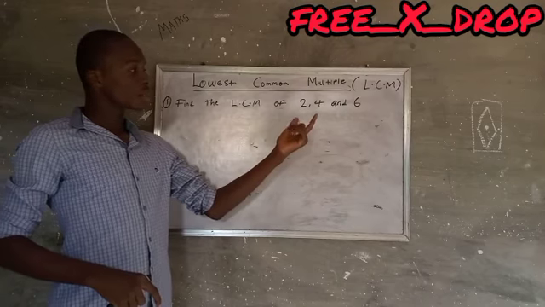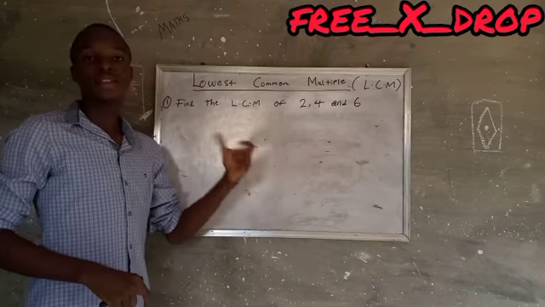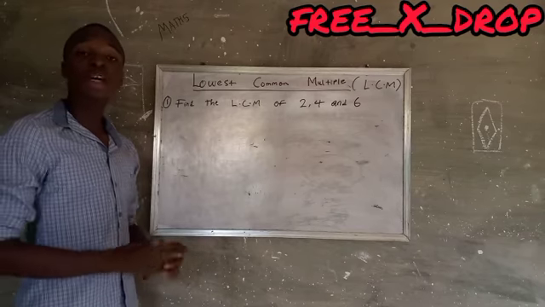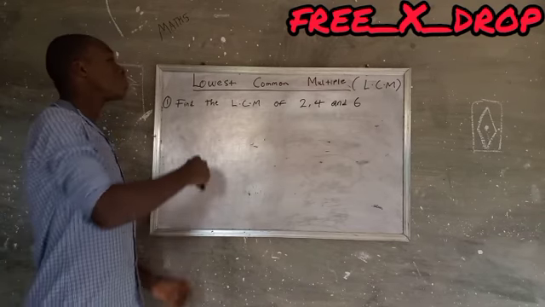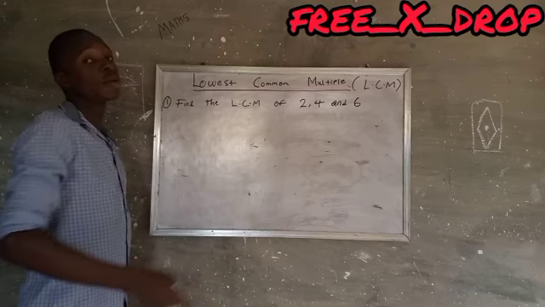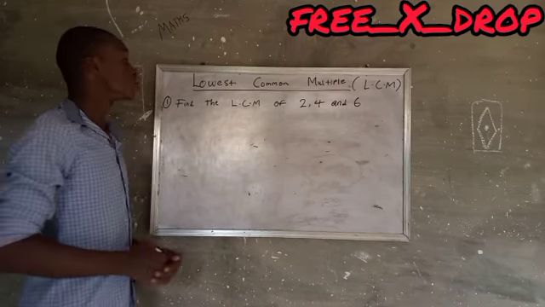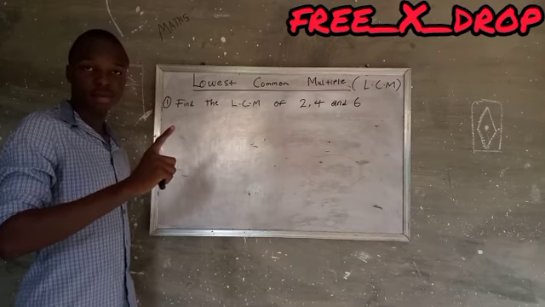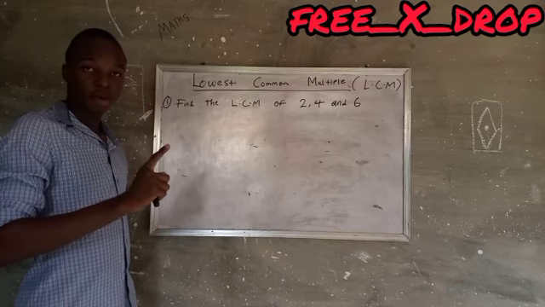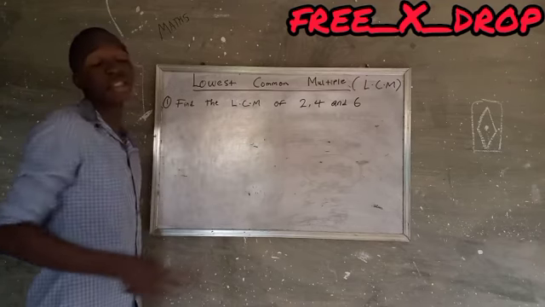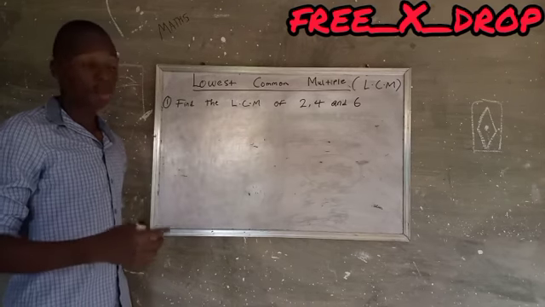You can have 60 common multiples, you can have 70, you can have 2, you can have 1. But this question, they said find the lowest common multiple. They don't need you to give them all the answers in the world. So just give them the lowest one. The lowest common multiple is the first common multiple that you can find in the numbers in the question. I hope you understand that.